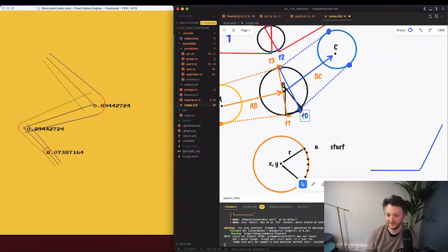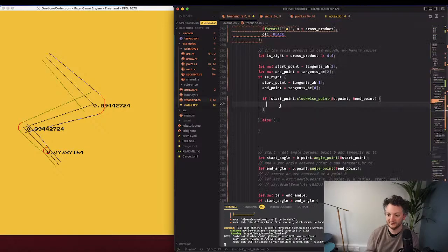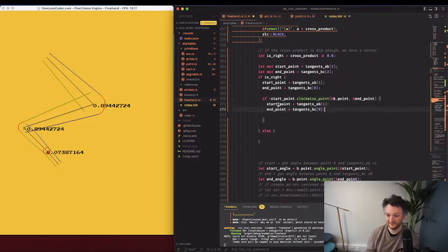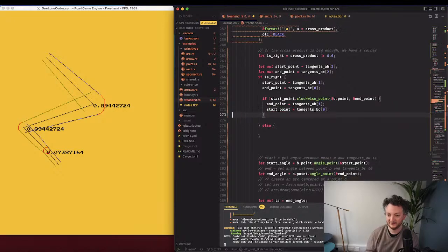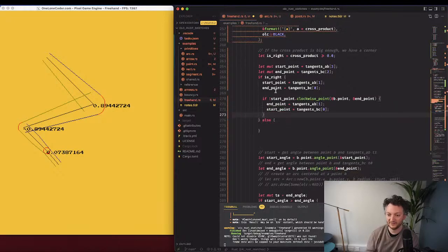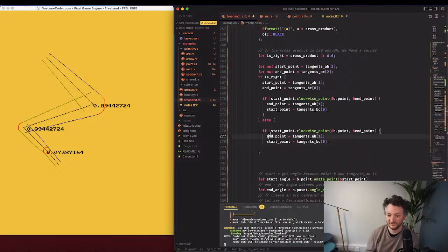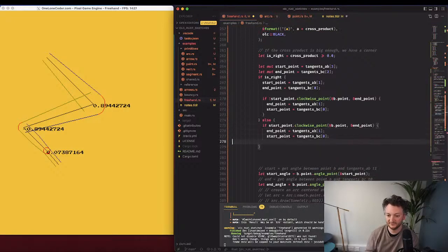If the start to the end is not counterclockwise, then we want to switch them. Otherwise, if we are counterclockwise, then we want to switch them.